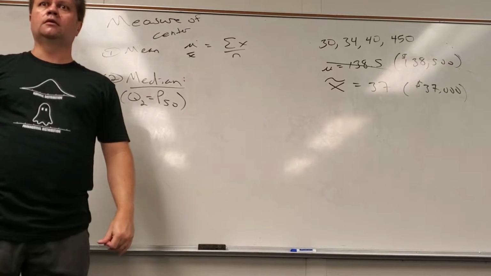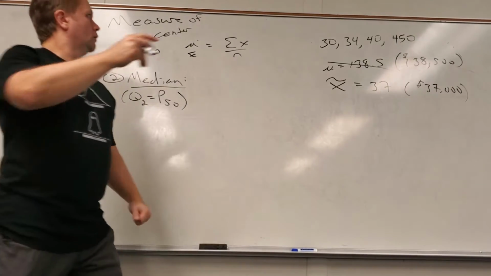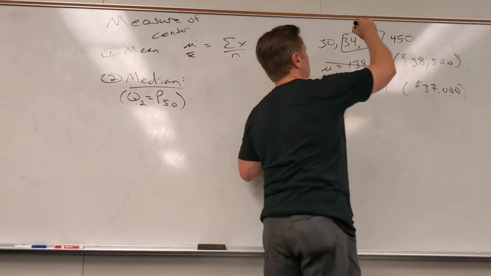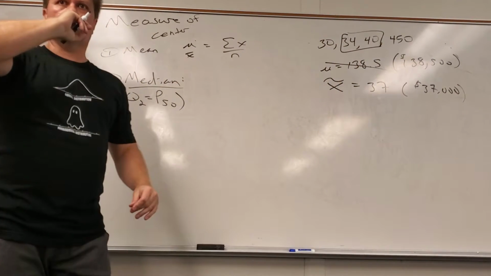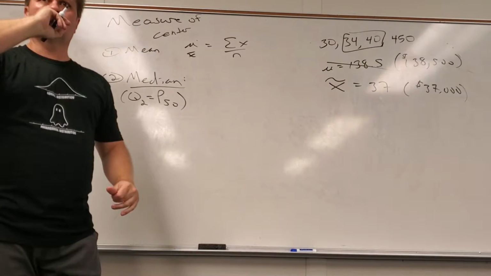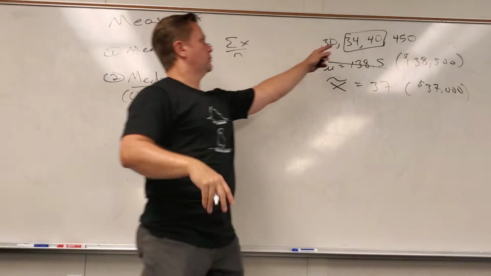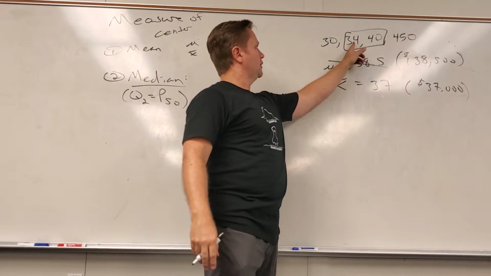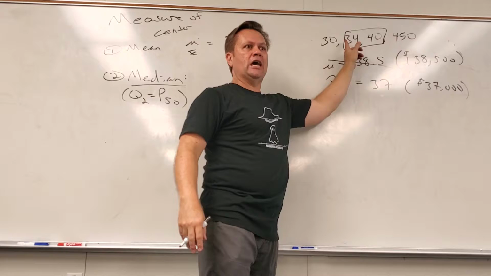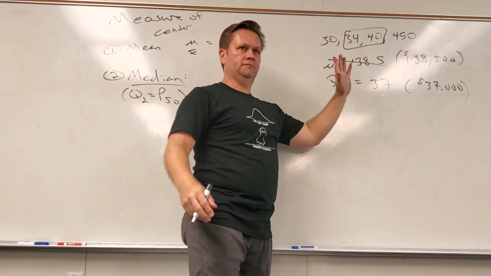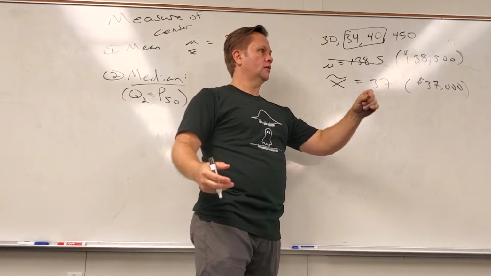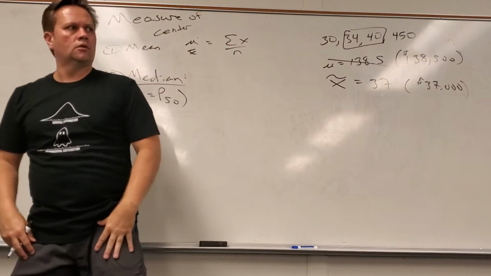Why 37? What's in the middle of these two? You can either add them up and divide by 2, or these are 6 apart, right? So what's halfway? 3 up. 37.